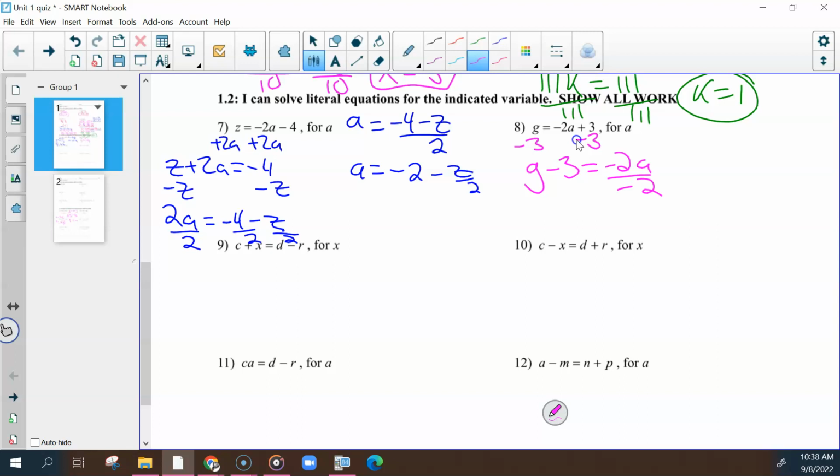So I'm going to divide it all by -2, but just change my signs or put it in parentheses. So like this, or actually changing your signs, -g plus 3 all over 2 equals a.